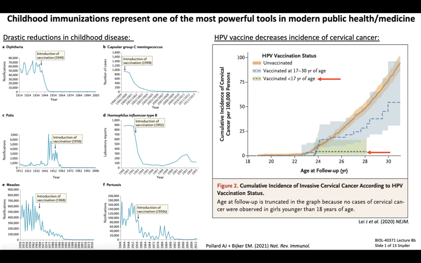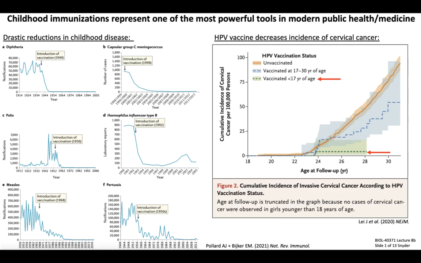And you can see from this graph that HPV vaccination in women over 17 years old, shown by the blue curve, had slightly decreased cervical cancer incidence compared to unvaccinated women in the orange curve. Most impressively, women who had received the HPV vaccine before the age of 17 showed essentially a flat line in cervical cancer rates, as shown in the green curve. So not only does the HPV vaccine obviously prevent HPV infection, but as a result, it also prevents cancer development that's caused by that virus.